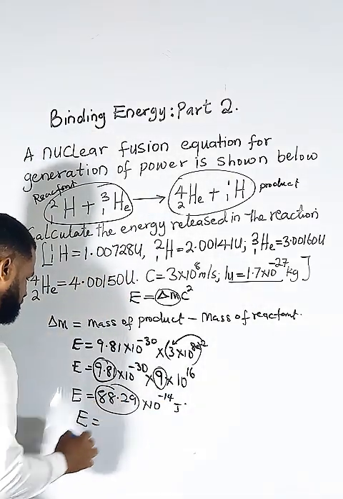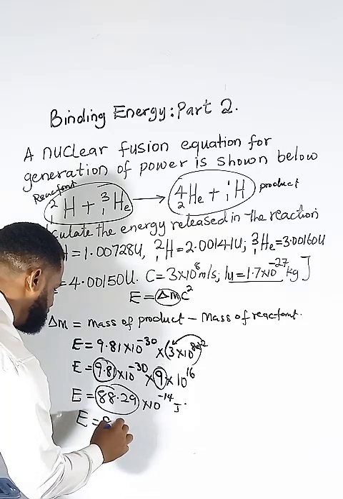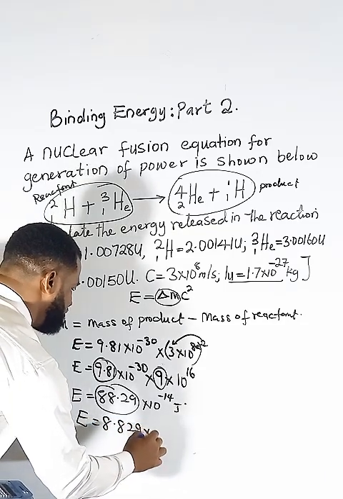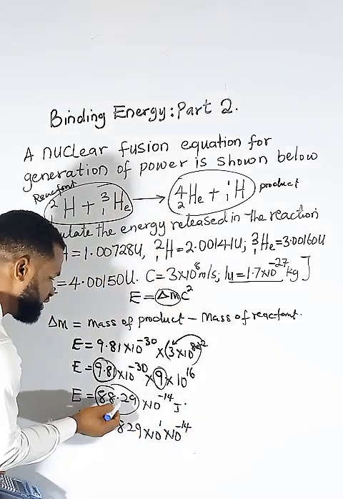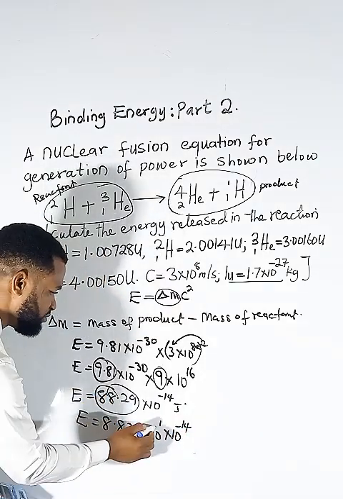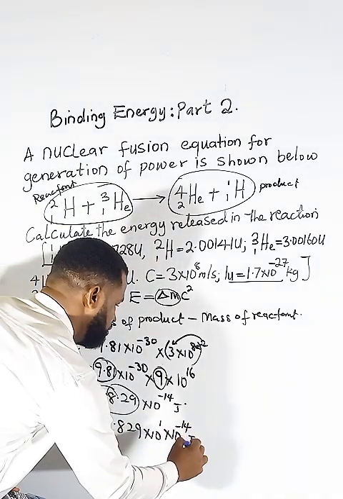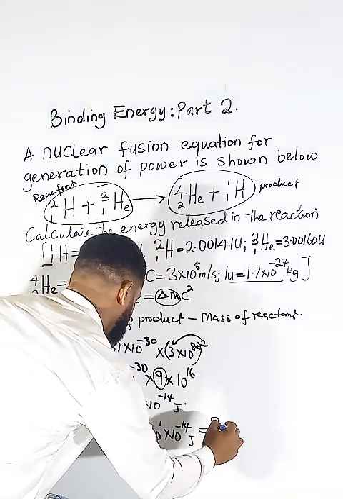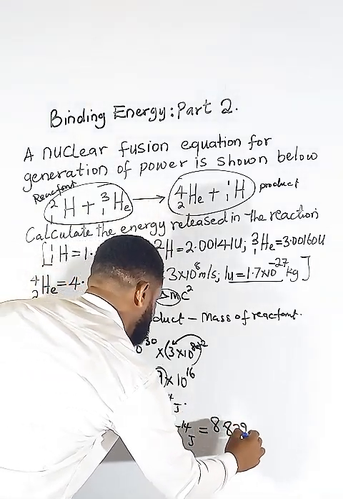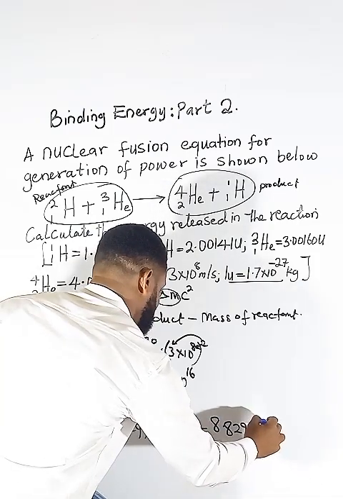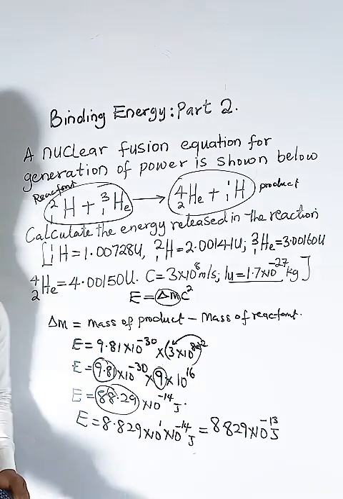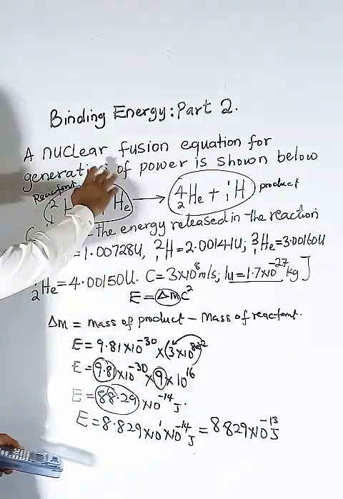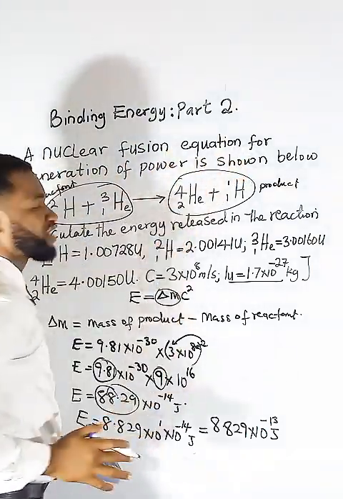So E is equal to 8.829 times 10 raised to the power 1 times 10 raised to the power minus 14. Why is it 1? Because the point moved one place, so that is why this 10 has power 1. So the whole answer is 8.829 times 10 raised to the power minus 13 joules. This is the value of the binding energy released in this kind of reaction.